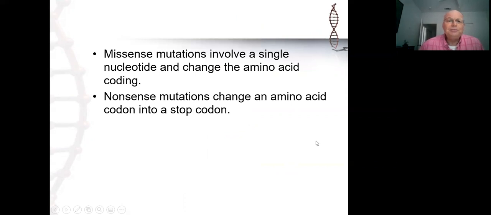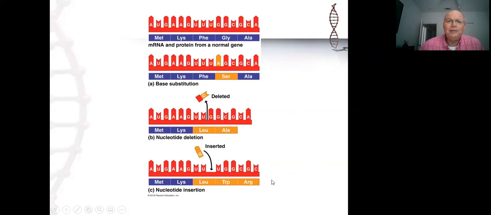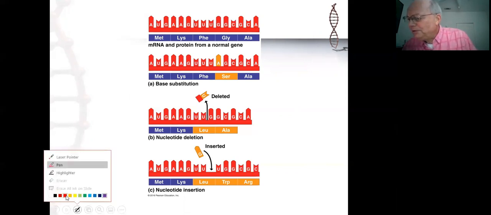So a missense mutation is one where you change the amino acid, but you only change a single amino acid. So this particular example of a base substitution, let's change this back.